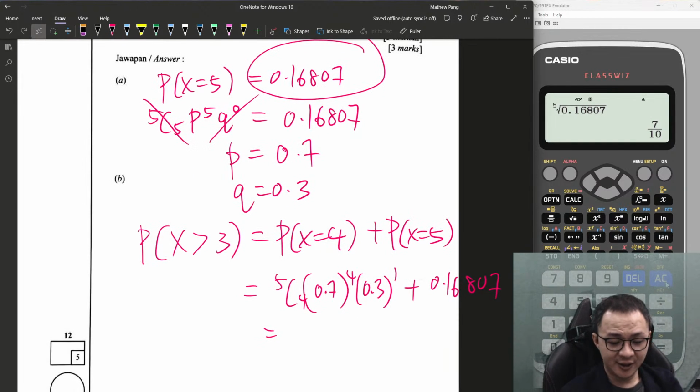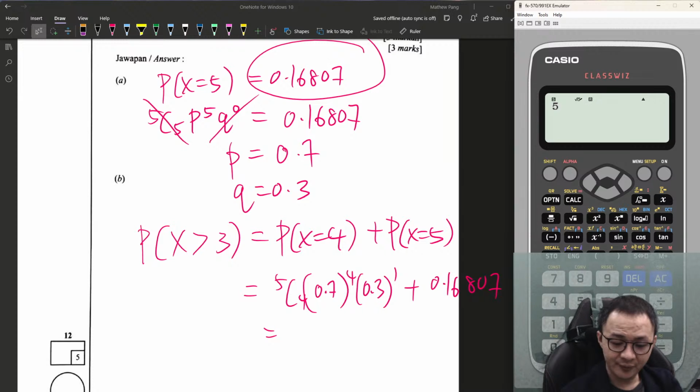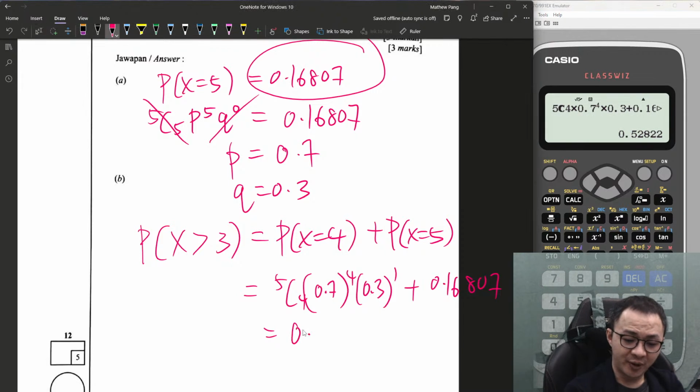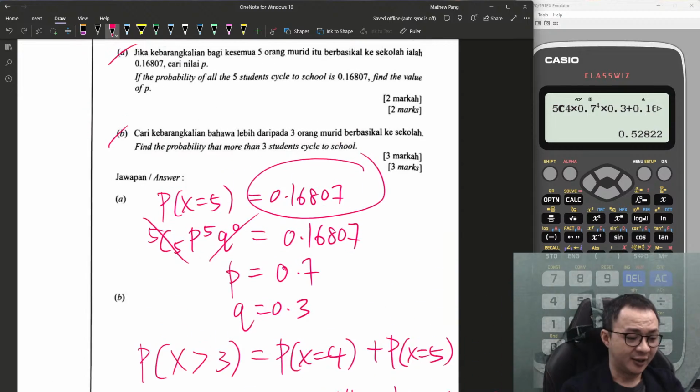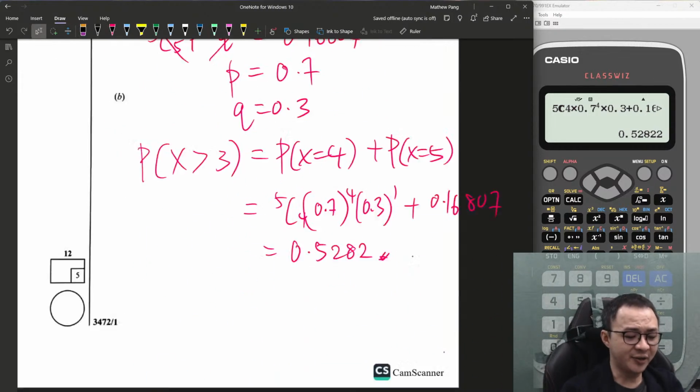Yep, easily get 3 marks here. 5C4 times 0.7 to the power of 4 times 0.3 plus 0.16807 gives 0.585282. I think 4 decimal places is more than enough. No need to go further. Yeah, this one also no surprise, very straightforward.